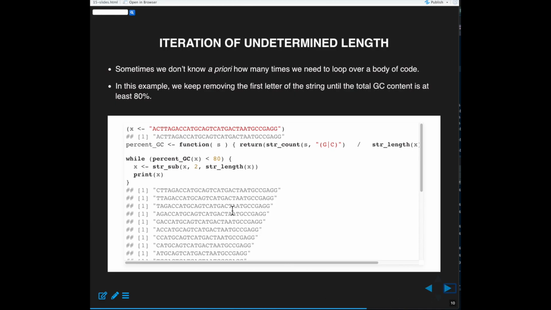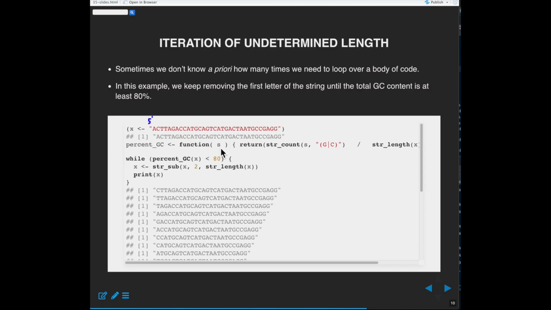We start with a string, a nucleic acid sequence, okay, like that. And I'm going to trim from the 5' end until I get total GC content of at least 80%, okay? So here I've written a small little function.